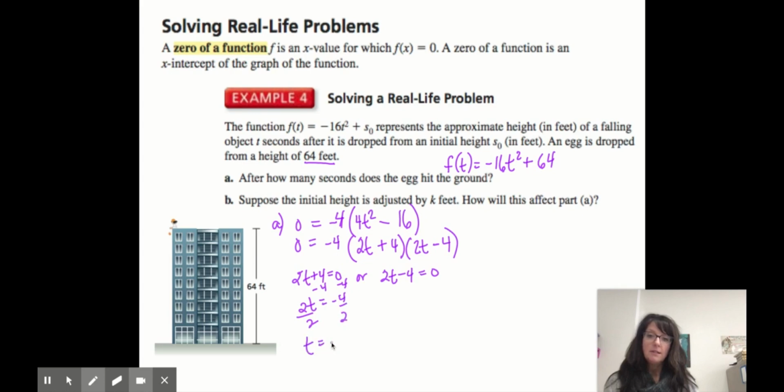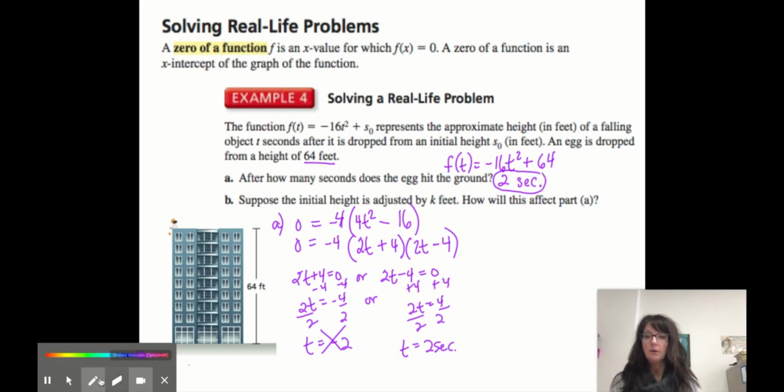So we have t is equal to negative 2, or we have plus 4 on both sides, and t is equal to 2. Since what we're finding is the seconds, the negative answer is kind of erroneous. It doesn't really make sense. So it basically takes 2 seconds before it hits the ground. Okay, that would be the height of 0.